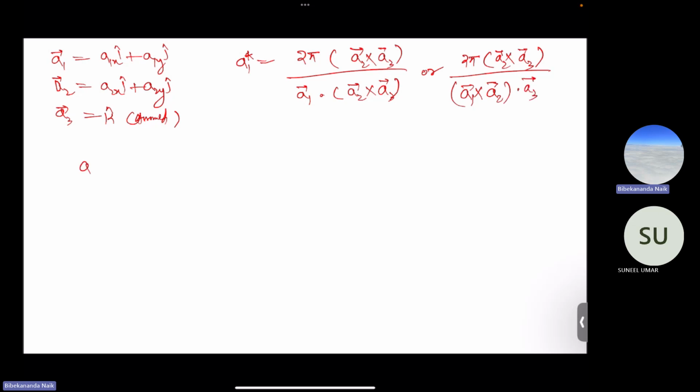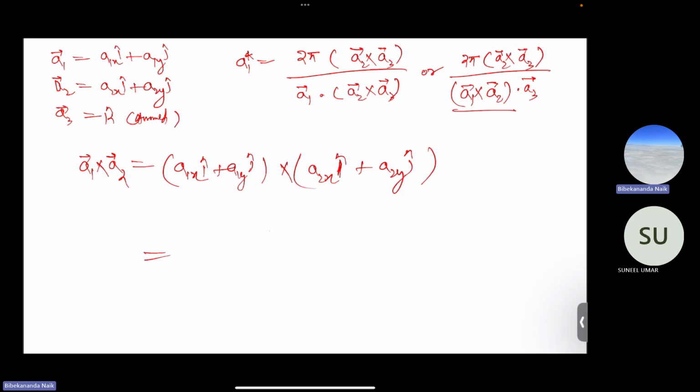Now if you calculate a1 vector cross a2 vector, that is a1x i cap plus a1y j cap cross a2x i cap plus a2y j cap, the value will be the determinant with rows i cap, j cap, k cap; a1x, a1y, 0; a2x, a2y, 0.